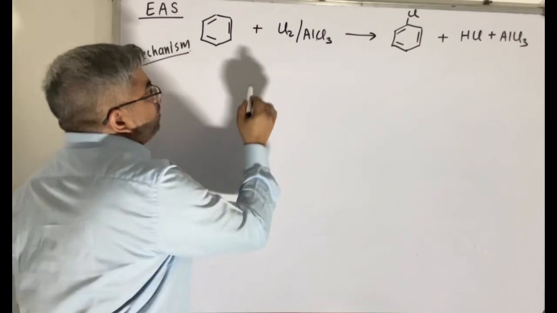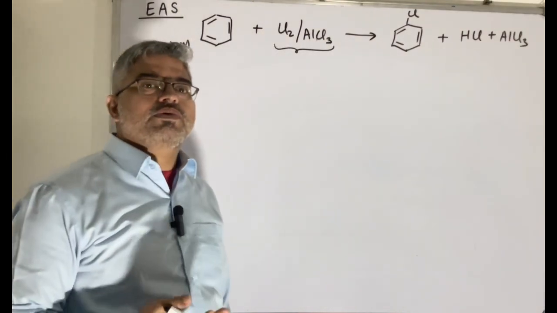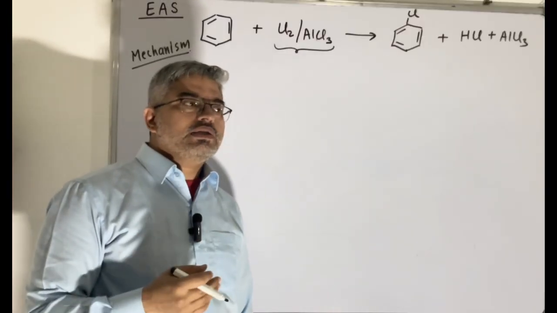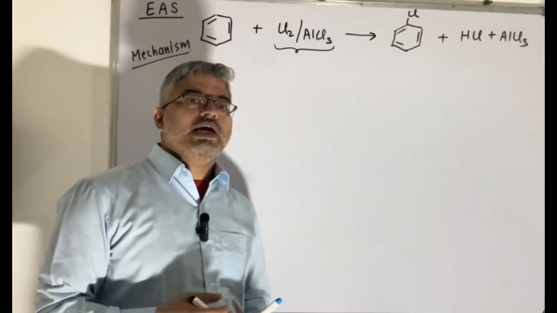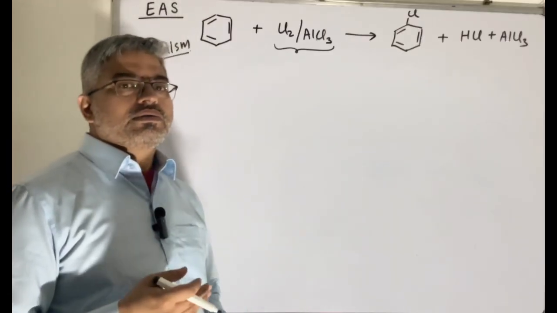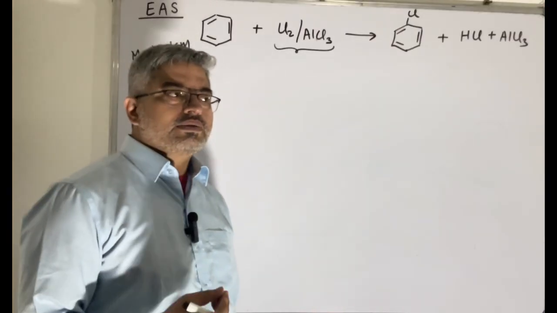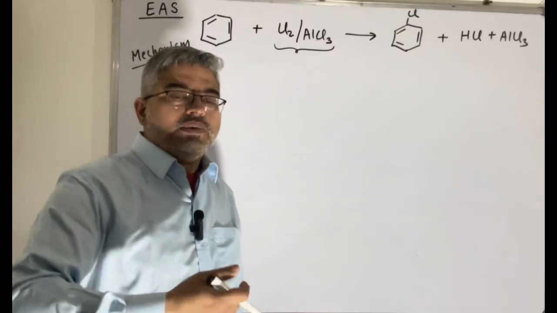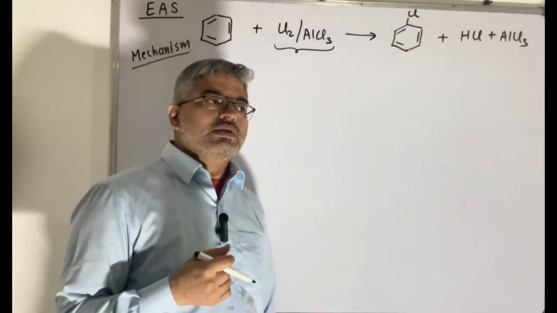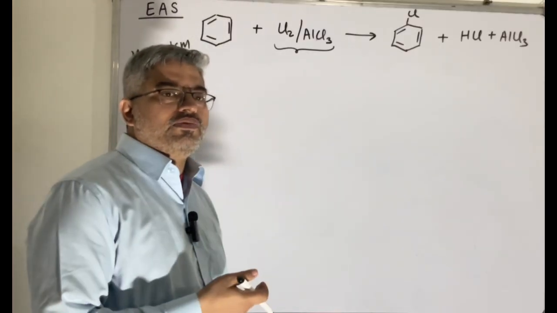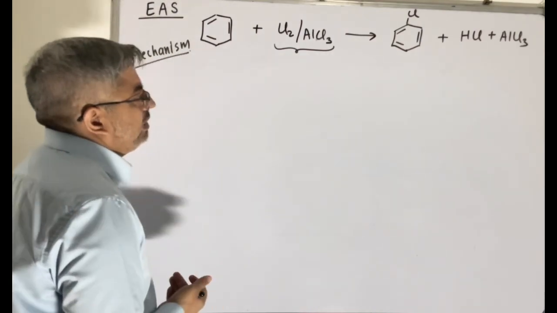Before going further, by knowing the mechanism of any reaction, we can say that when benzene is reacting with any electrophile, say Cl+, NO2+, Br+, any electrophile coming in contact with benzene, it will react in a similar way as Cl+ reacts with this benzene.